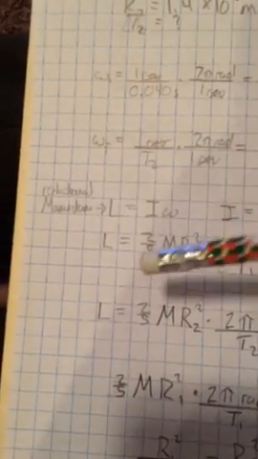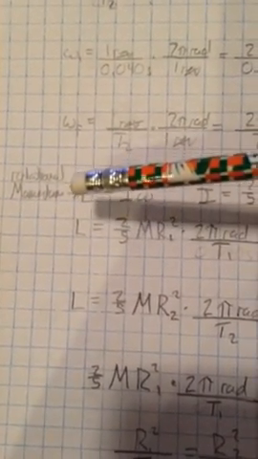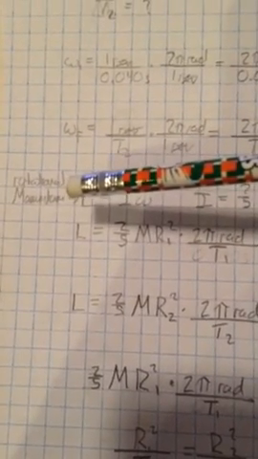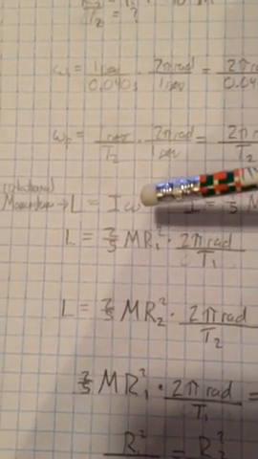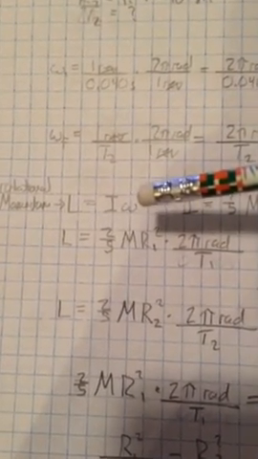And so anyways, here's a new thing that we haven't really talked about yet, unless you've read the book, which you should have. This is rotational momentum. It's conserved, and it's L, and it's equal to I, which is moment of inertia, times omega, which is angular speed.